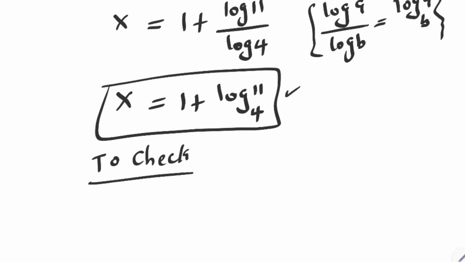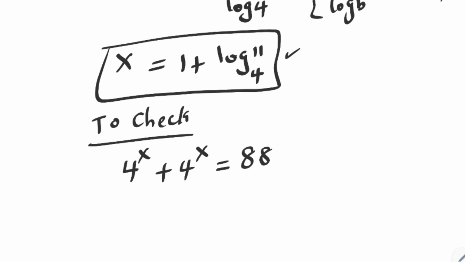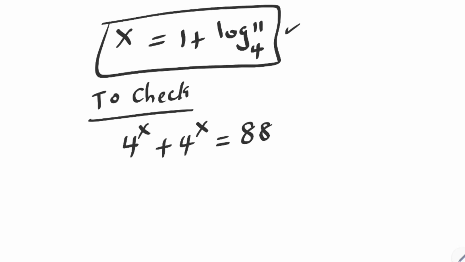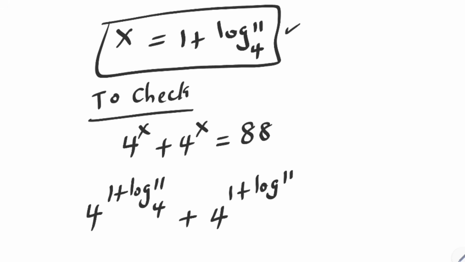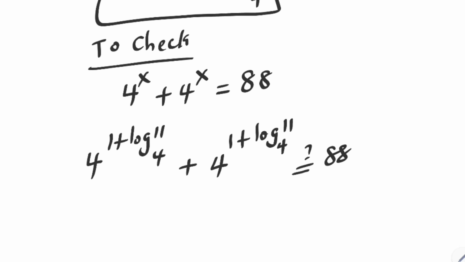To check, we have the given equation 4 raised to power x plus 4 raised to power x is equal to 88. If x is equal to 1 plus log 11 base 4, we have 4 raised to power 1 plus log 11 base 4 plus 4 raised to power 1 plus log 11 base 4 must be equal to 88.